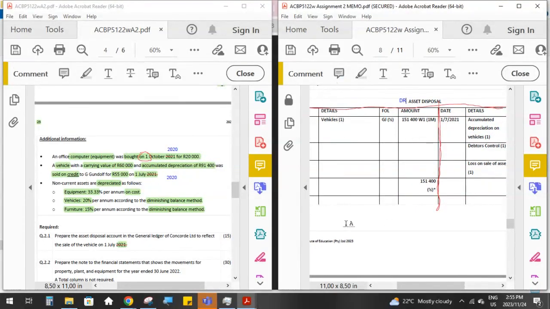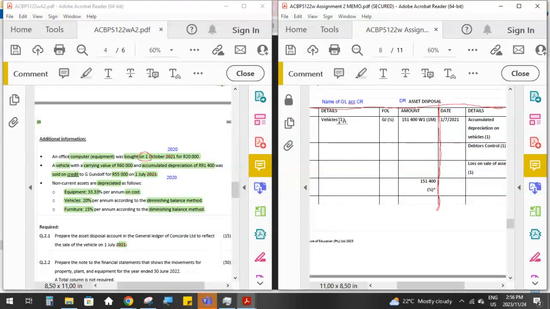Because we try and make a system where we are recording in a logical fashion that allows us to always see what we did and to trace our steps backwards, in our general ledger T accounts, on the left-hand side, where I enter an amount, if I'm debiting asset disposal, in the details column I write down the name of the general ledger account that I am going to credit.